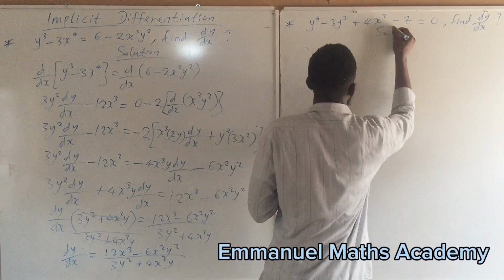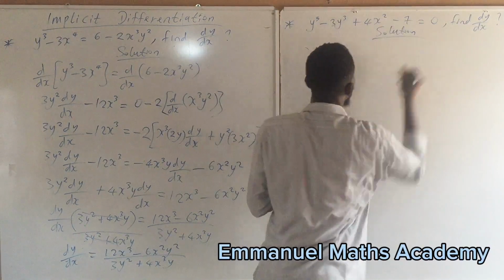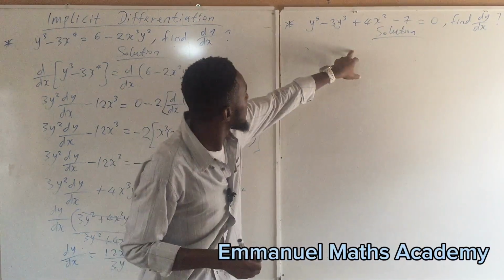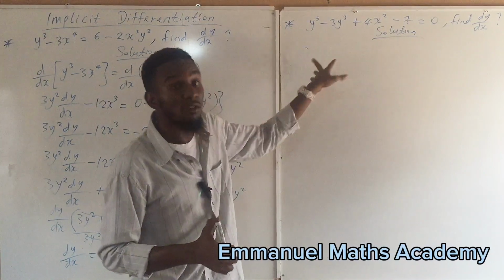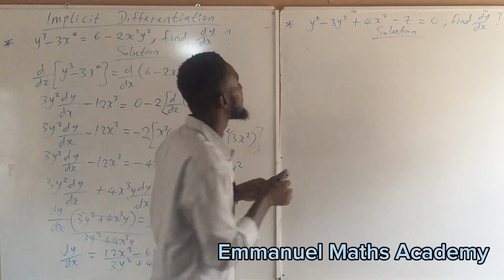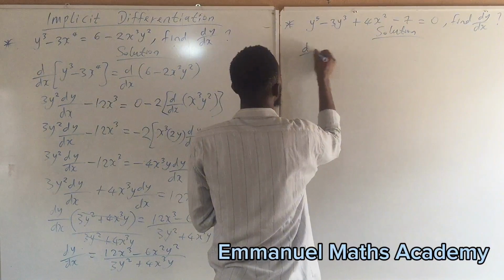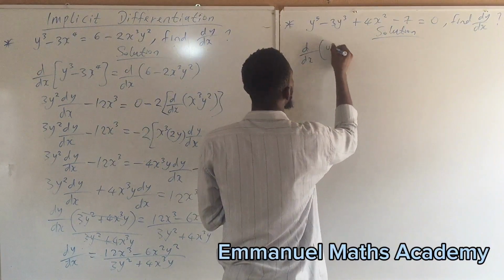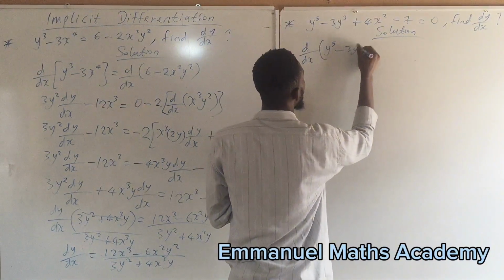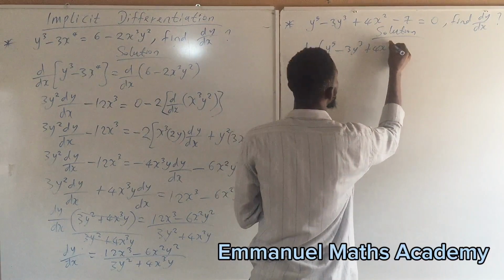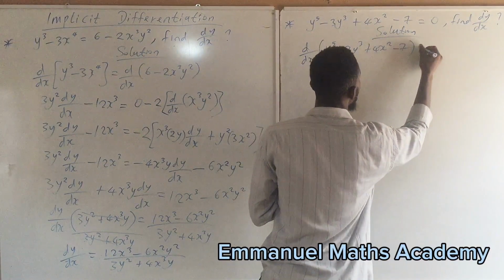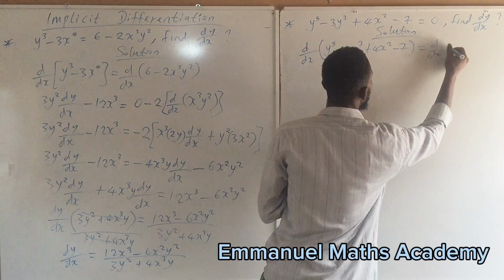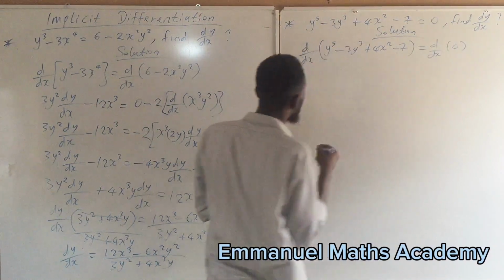Solution. What do you do? You take the derivative of both sides. Taking the derivative of both sides, you have d over dx of y power 5 minus 3y power 3 plus 4x squared minus 7 equal to d over dx of 0.